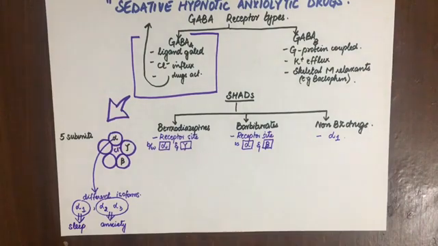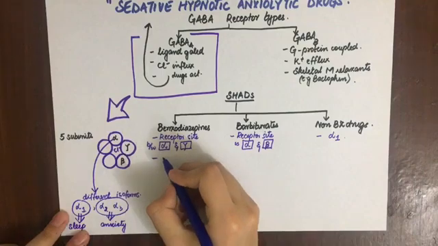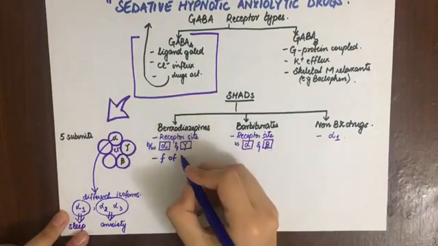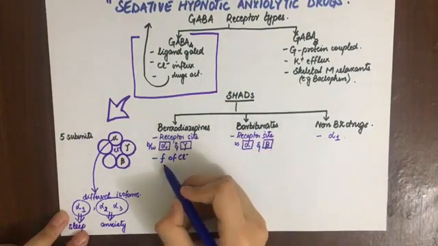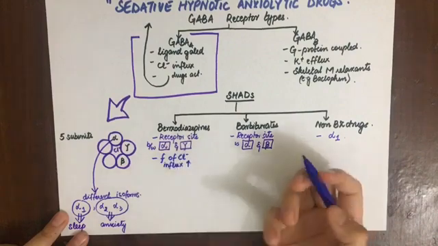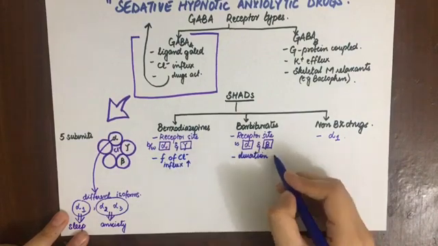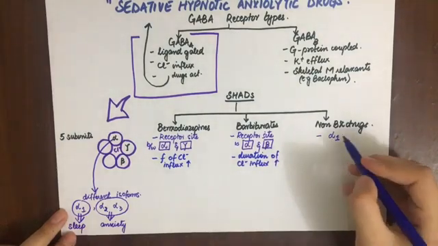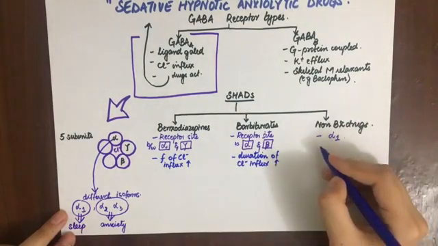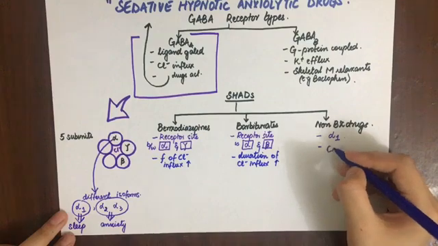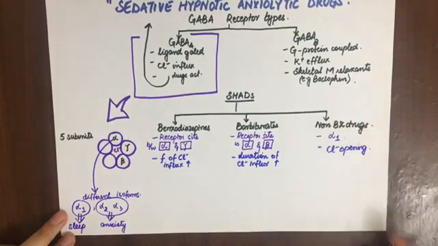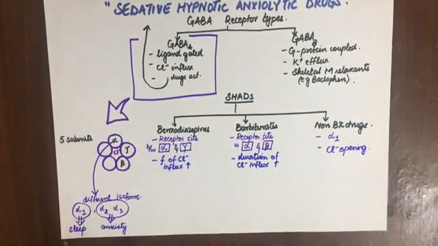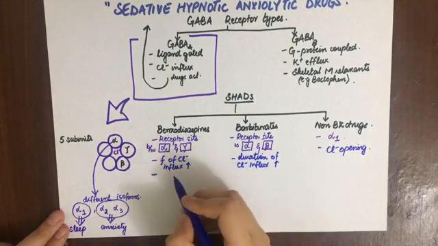Now benzodiazepines, by acting on the alpha and gamma receptor site of the GABA A receptor, increase the frequency of chloride channel opening and thus increase the influx of chloride leading to hyperpolarization. Barbiturates, on the other hand, increase the duration of chloride influx, and non-benzodiazepine drugs simply open the chloride channels.